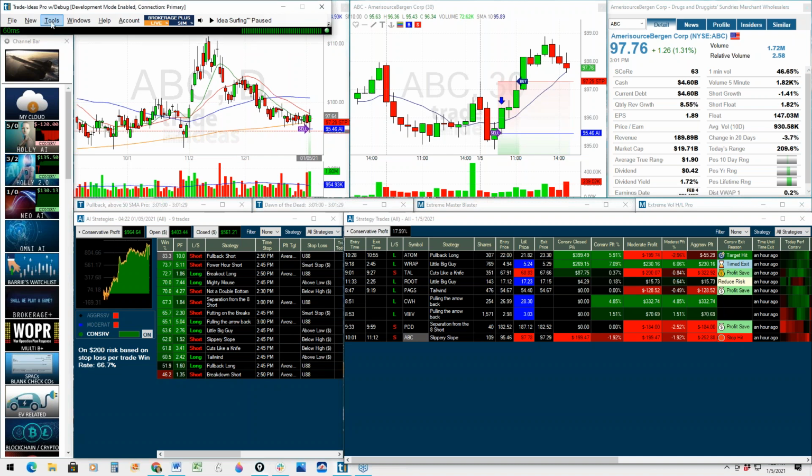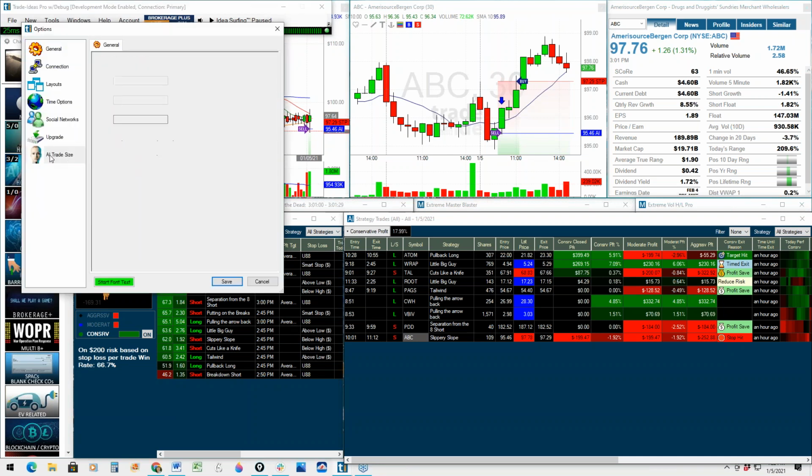Okay, so we have a look, because it's good to know. If you go into tools, and go into options, and then go into AI trade size, you're able to configure what trade size you want to use. And you can choose dollars per trade, you can choose shares per trade, or, and that's what Holly does, 100 shares per trade. Or what we like to do is use risk based on stop loss. So you put the maximum amount of risk you want. In my case, it's $200.